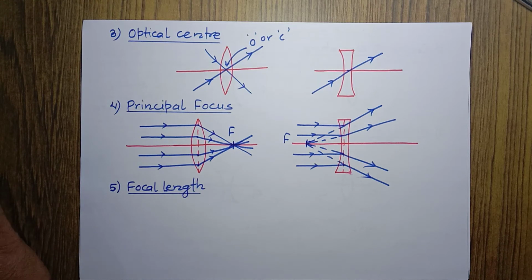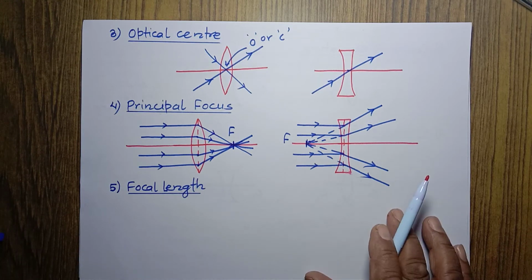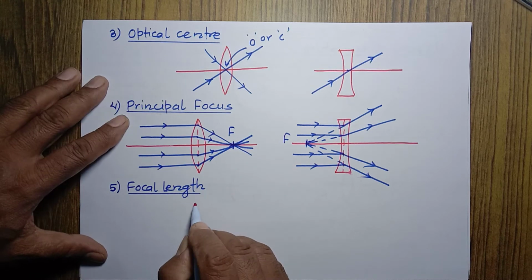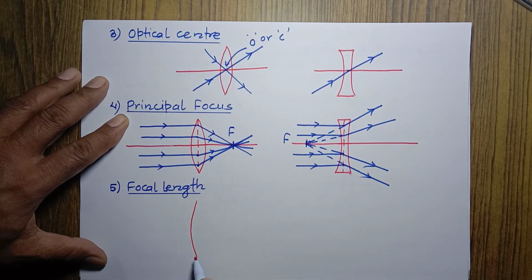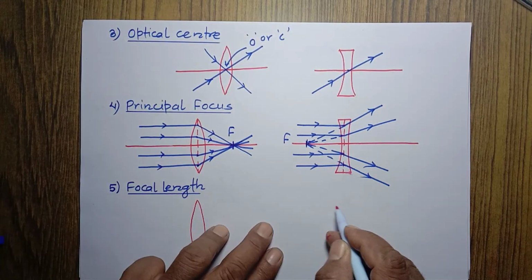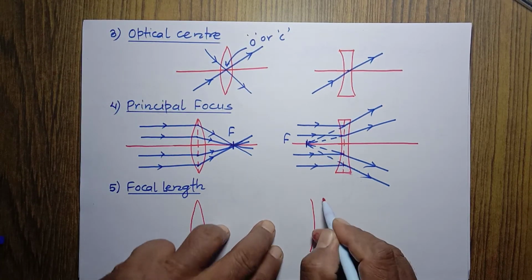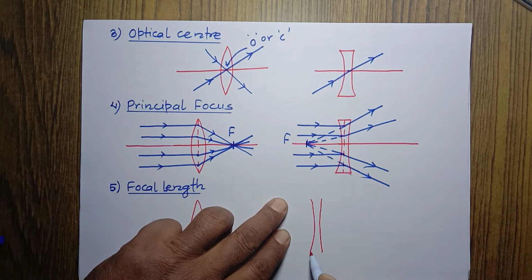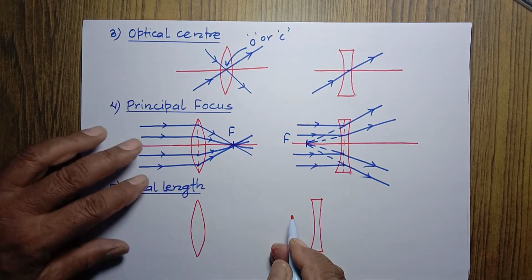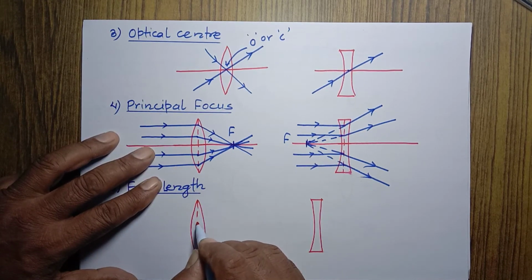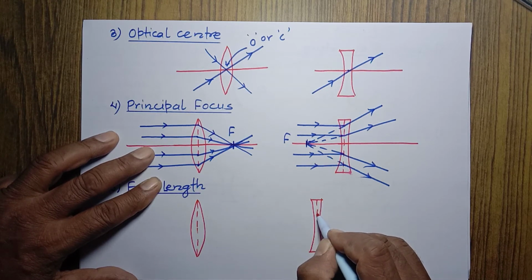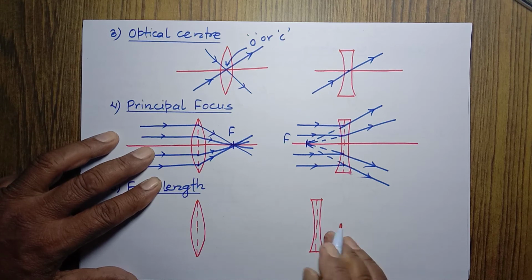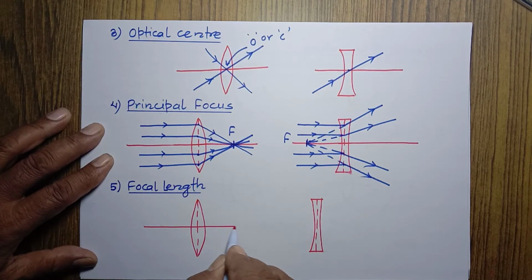Okay, what is focal length? Actually, focal length, I want to show it with a diagram again. This is, let's say, a convex lens, and this is, let's say, a concave lens, and this is the bisector line which bisects the lens into two equal parts, and this is the principal axis.